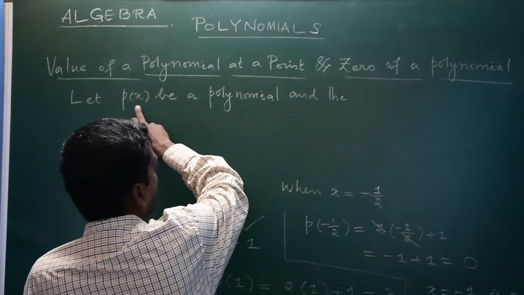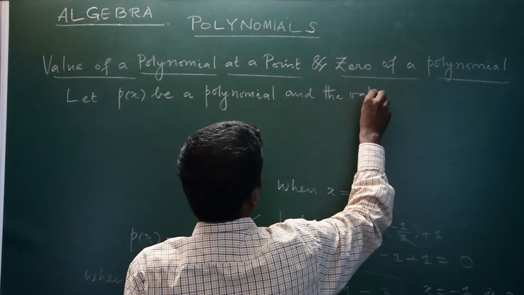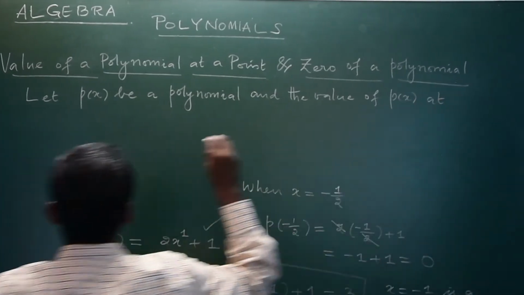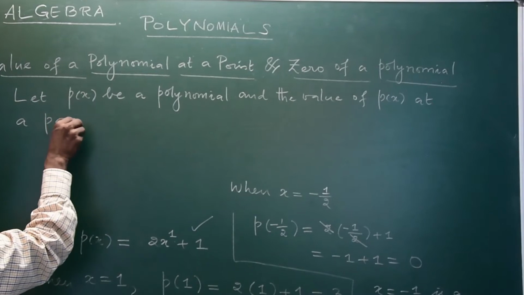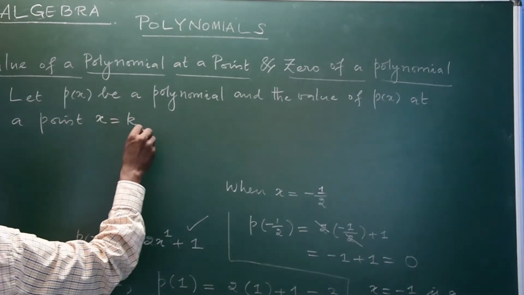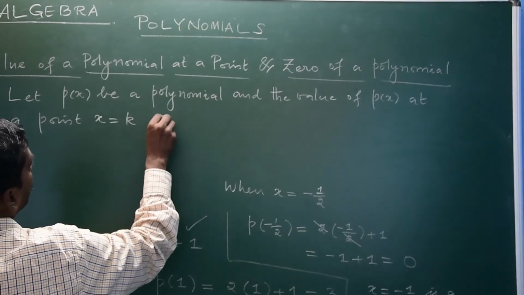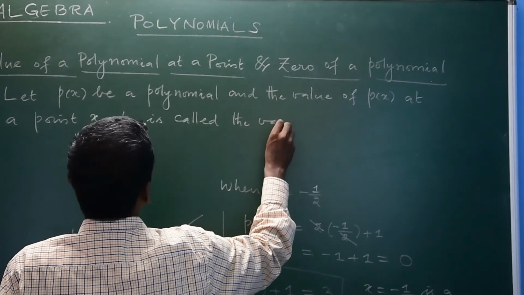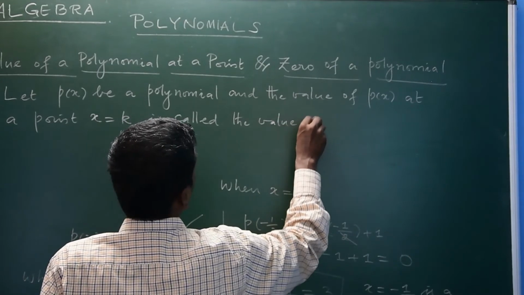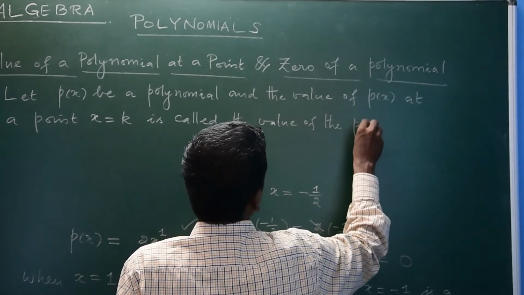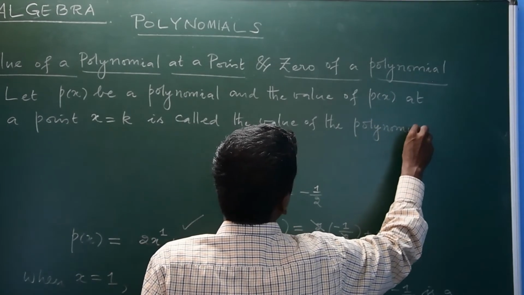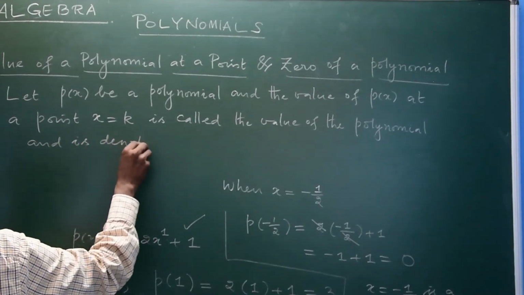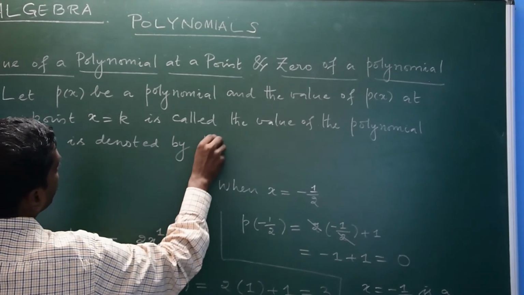And p of x be a polynomial. The value of p of x at a point x is equal to k is called the value of the polynomial and is denoted by p of k.